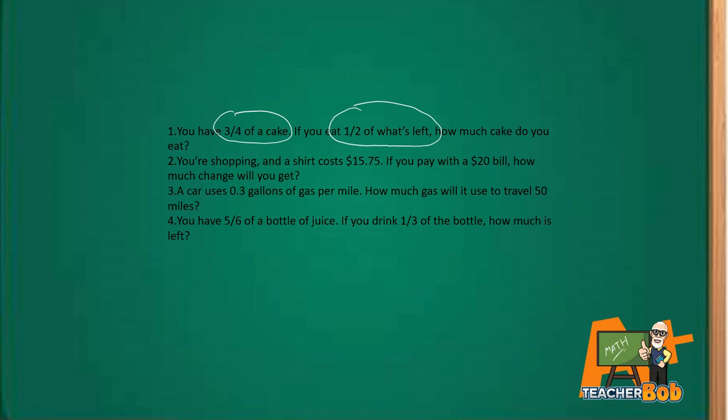Well, this is multiplication, and we talked about multiplication. That's simply just multiplying the tops and the bottoms. So we want to know what is 1/2 of 3/4. We write that down like this: 1/2 times 3/4.